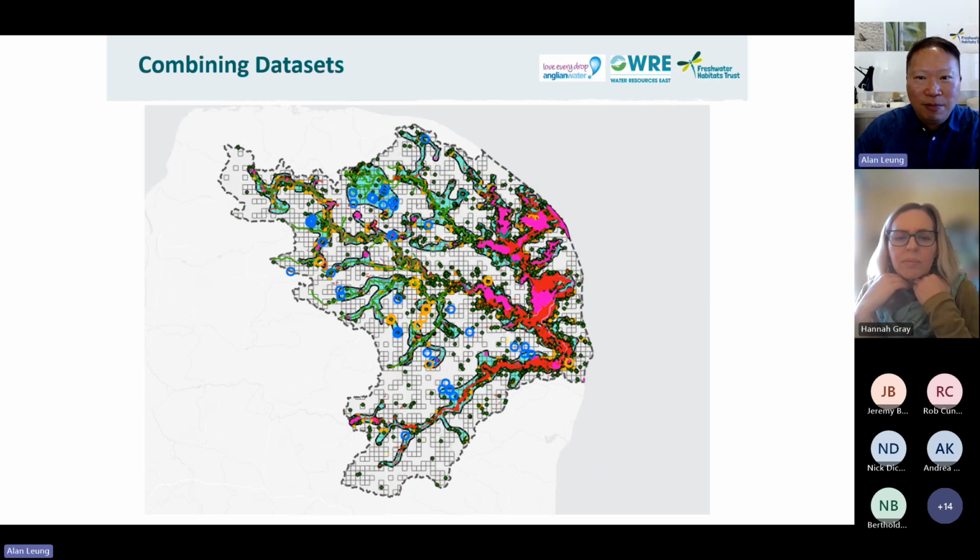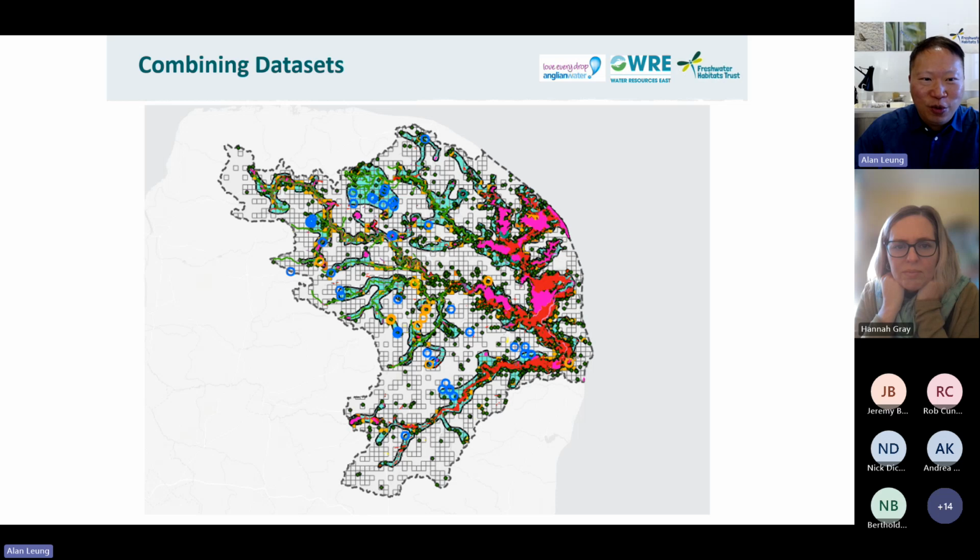Then we get a very complex picture with much of this information overlaying each other. The underlying blue patches, as you can see, are where we're trying to include the locations that fulfil those criteria.